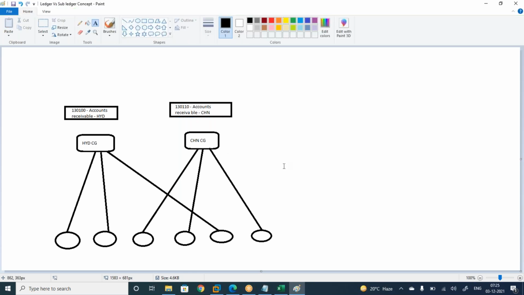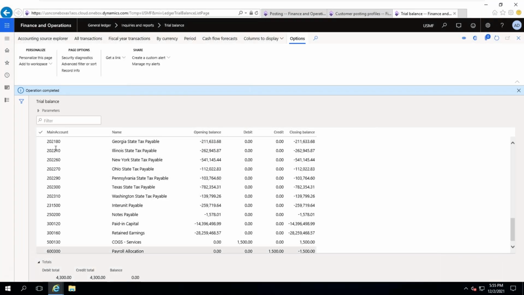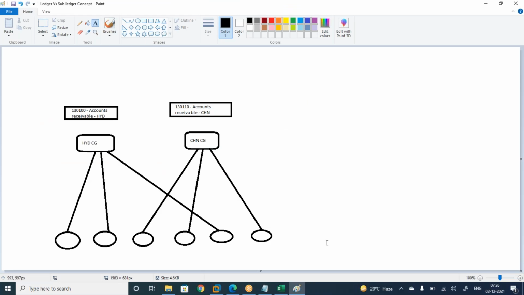So in the finance trial balance, it will show you only 3 or 4 ledger accounts related to customers. Even though 200 customers are there, 2000 customers, or 10,000 customers, no need. I can map a set of groups to these accounts.